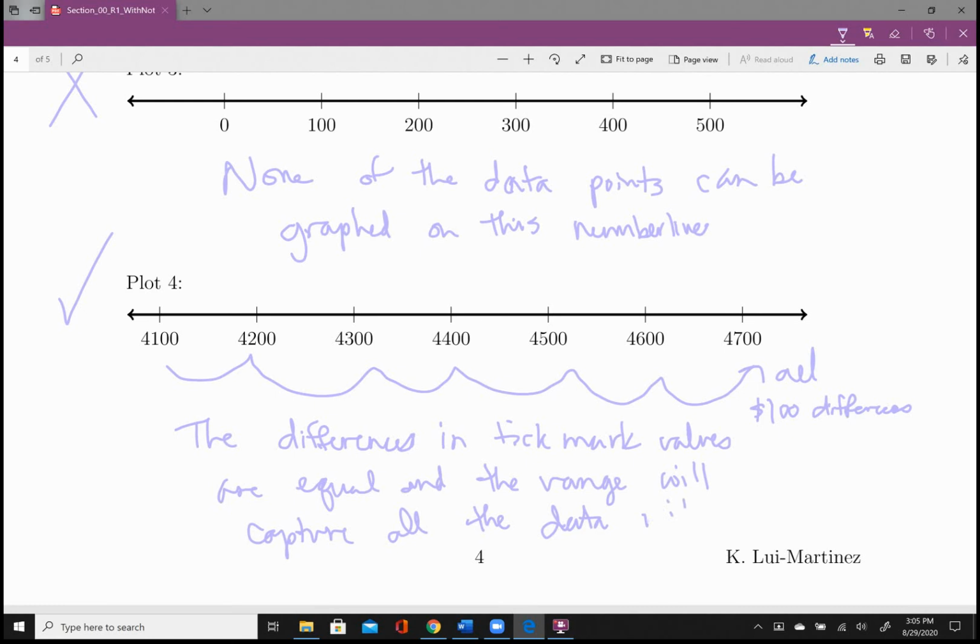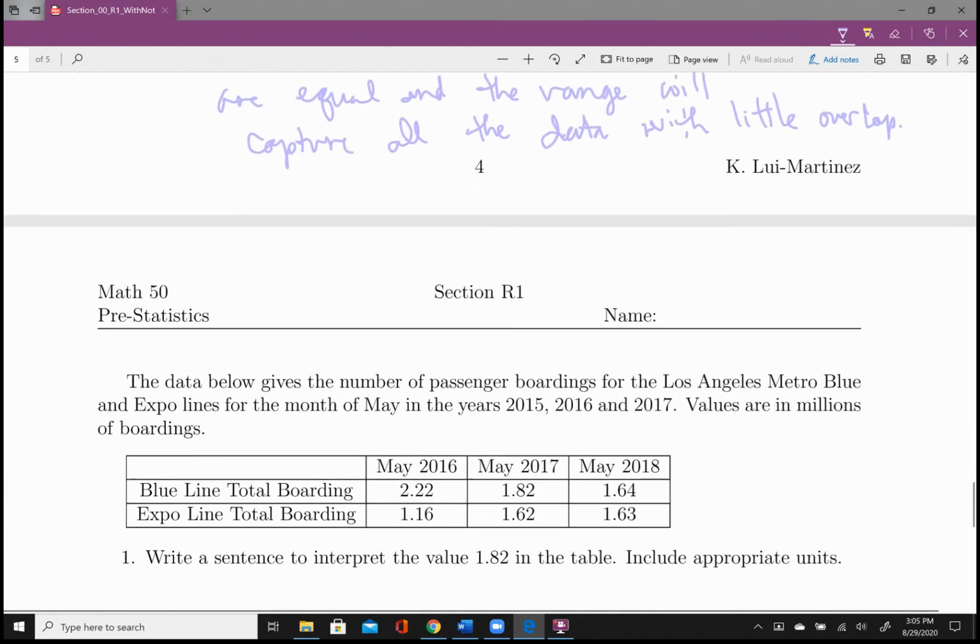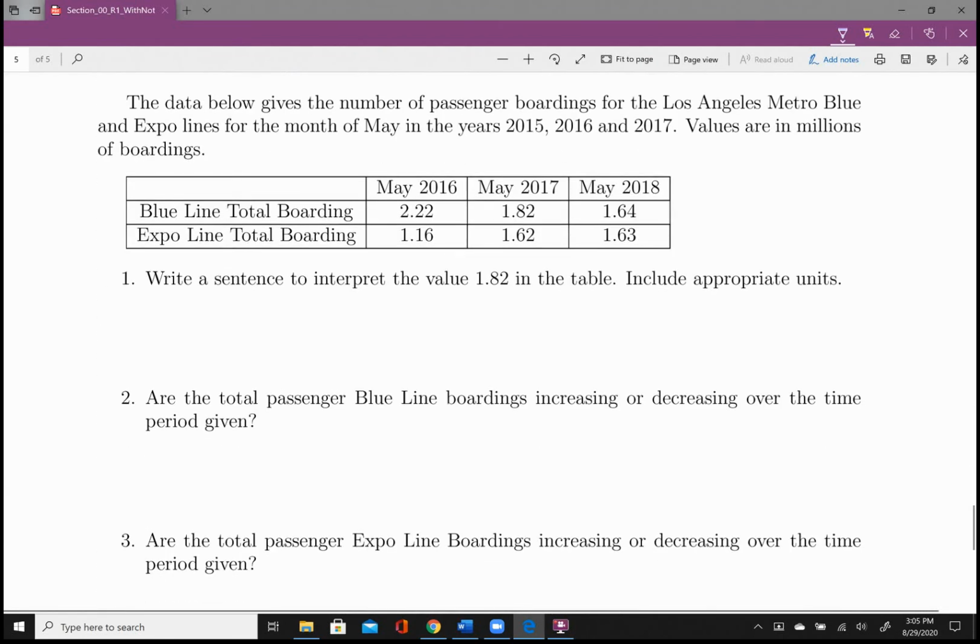That's also important as well. And by overlap, I guess I mean just a little bit of blank space on either end. Not very much at all. Cool. Great. Let me know if you have any questions on that when we talk again in class.